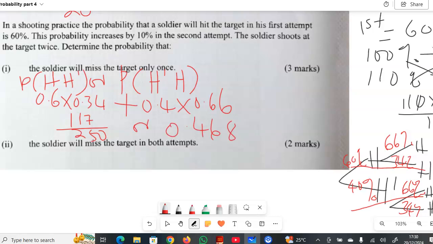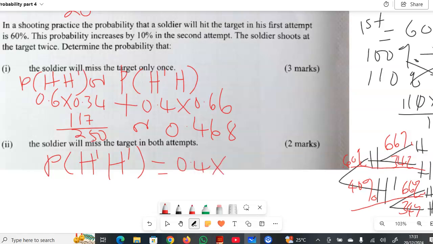Then part 2 of B, the soldier will miss the target in both cases. So missing both cases is the probability, miss the first case, miss the second case. And this is going to be, missing the first case is 40%, so the same as 0.4.